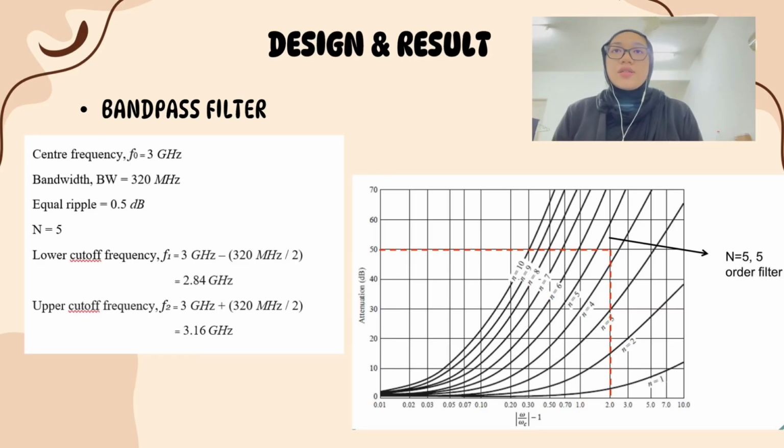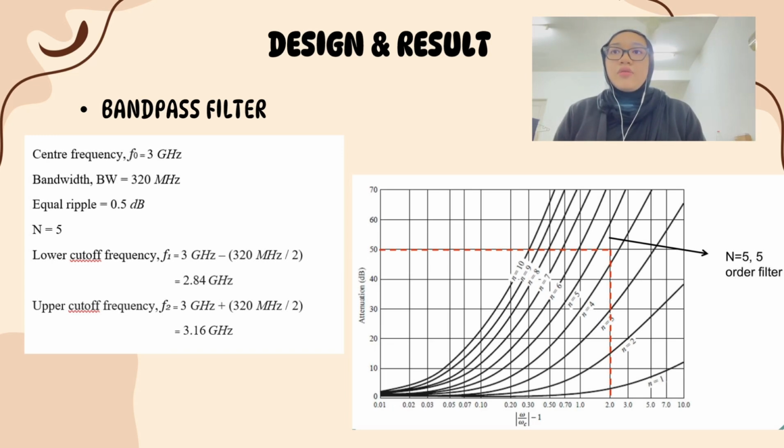Okay, so this is the design and the result of the band pass filter. Firstly, we need to list out the center frequency, bandwidth, equal ripple, and N. The center frequency is 3 GHz, the bandwidth is 320 MHz, the equal ripple is 0.5 dB, and N is 5.